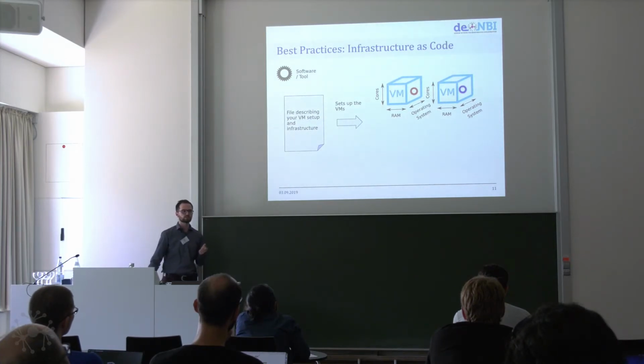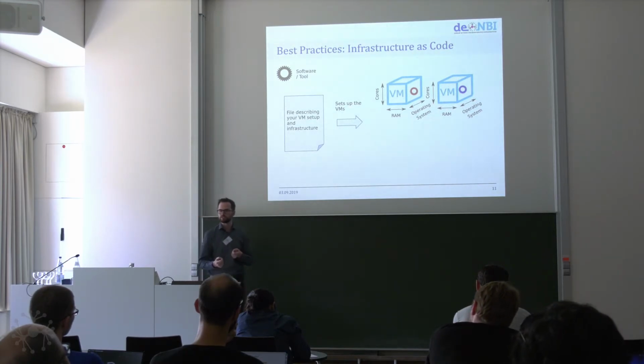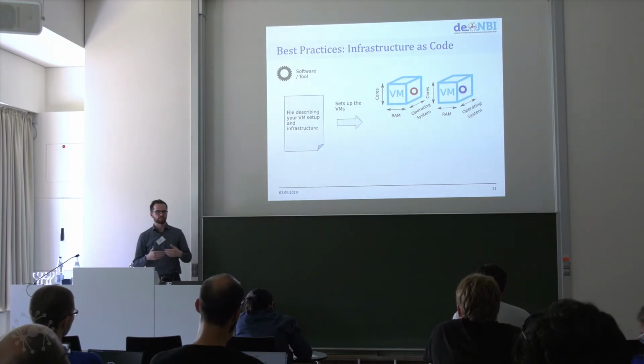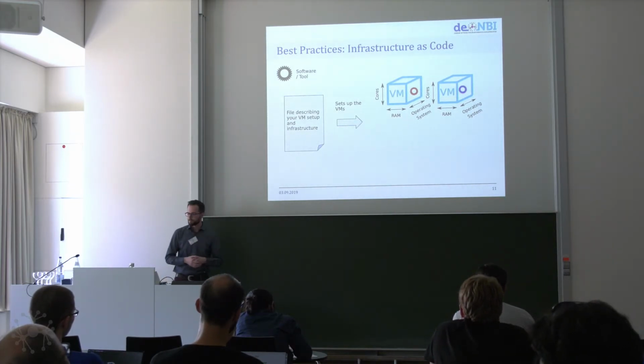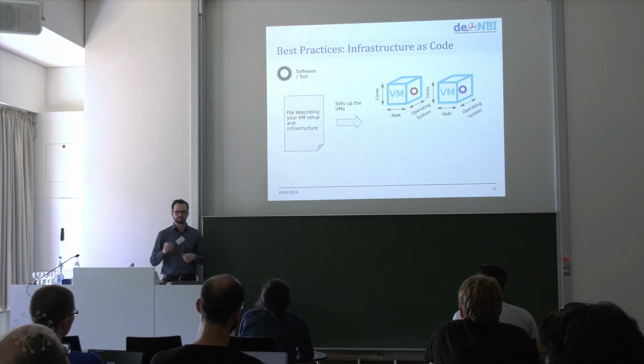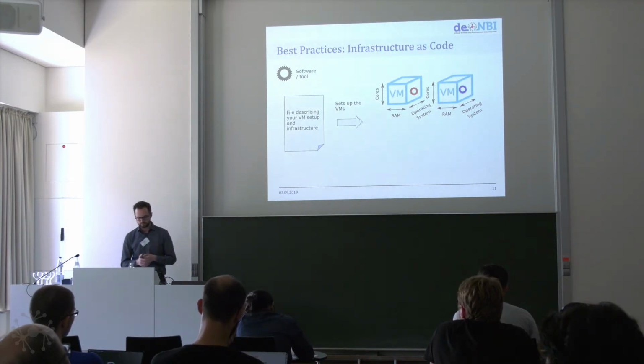There are different tools available that allow you to specify your infrastructure, and especially the setup of your virtual machine, in multiple files. So you say, okay, I need a VM of this size with these kinds of tools installed, and then you provide these files to a specific tool and say, just start the VMs for me. And then it will start as many VMs as you specify in these files.